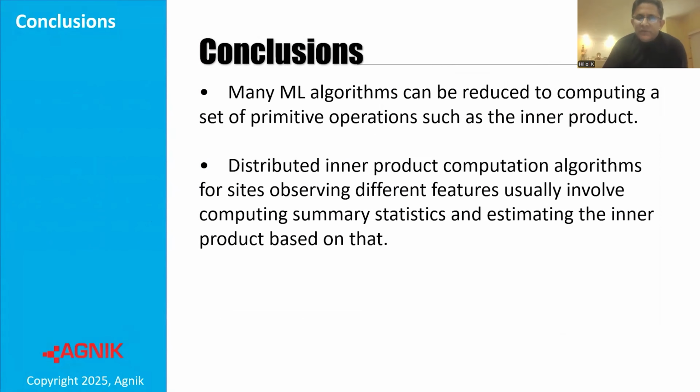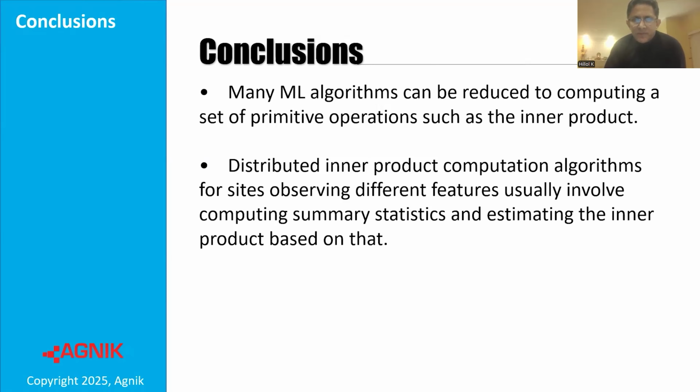If you're trying to construct a distributed algorithm for machine learning, one way to approach that is to say, here is the operation that we need to perform, for example attention, and then ask what the computational tasks are and how we can reduce them to some basic primitive computations. Often it turns out that they boil down to simple computations like inner product computation, L2 norm computation, things like that.